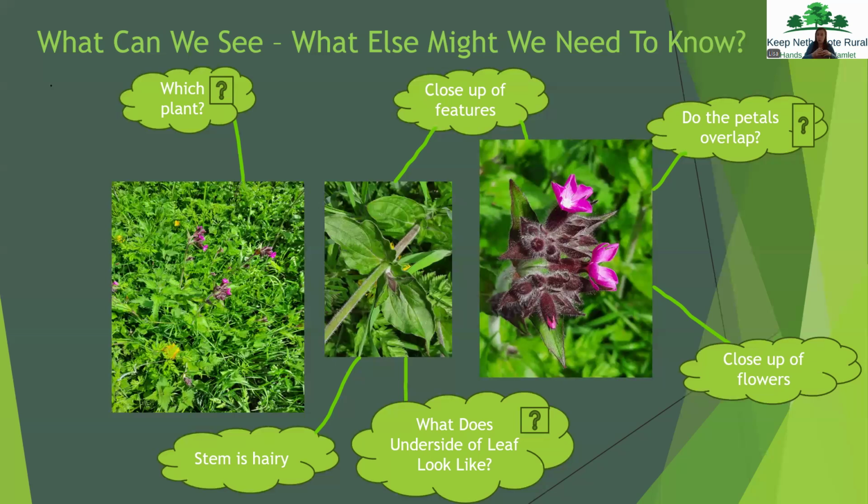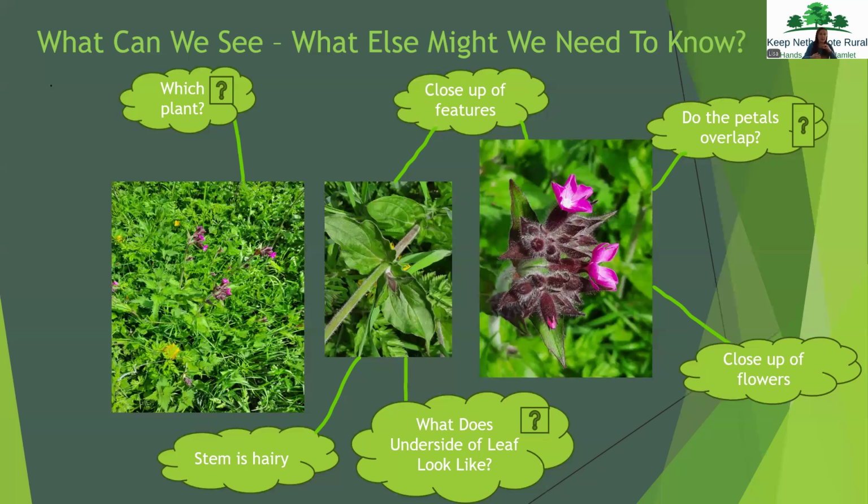So you can either crop the picture to show the specific plant, or perhaps if it's all overlapping, you could always draw a circle around it before uploading, to show what you're actually looking at and what you think is the observation. So of course, for any specific features, we would like to take a nice clear close-up of the pictures, that's going to show the verifier exactly what we've seen.